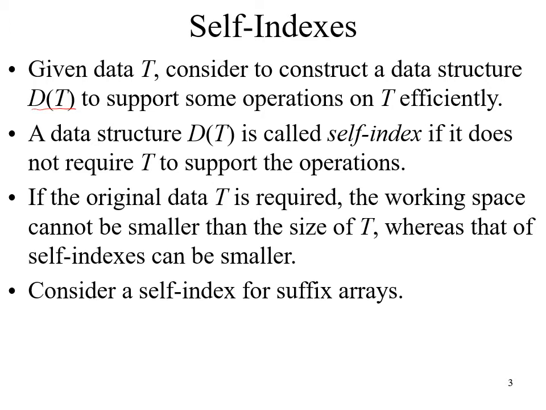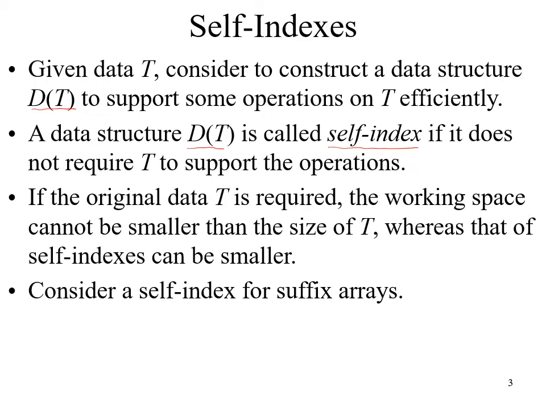A data structure D of T is called a self-index if it does not require T to support the operations. So in some sense, the data structure D of T contains the data T.